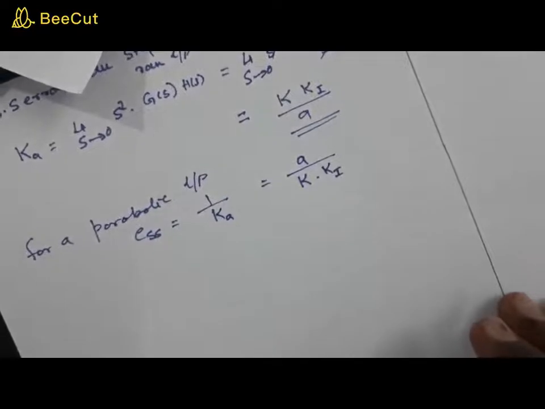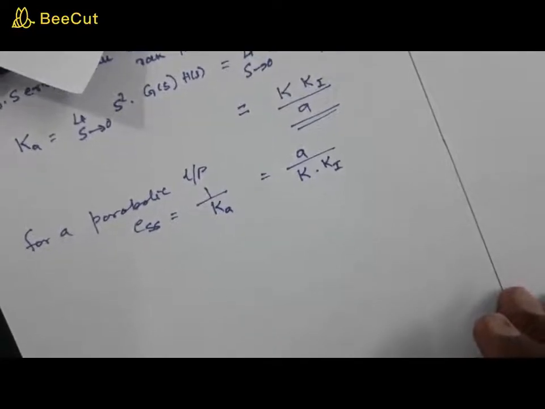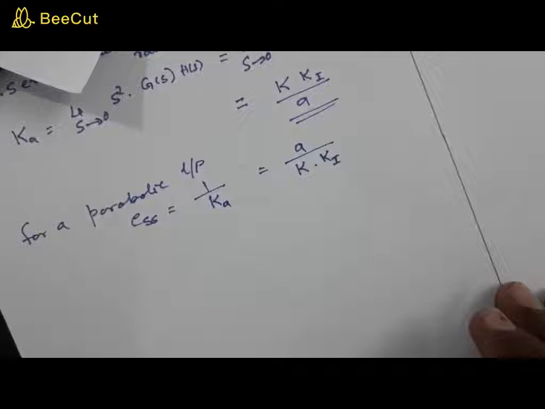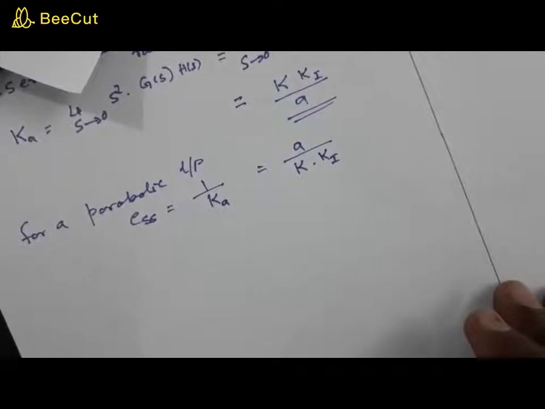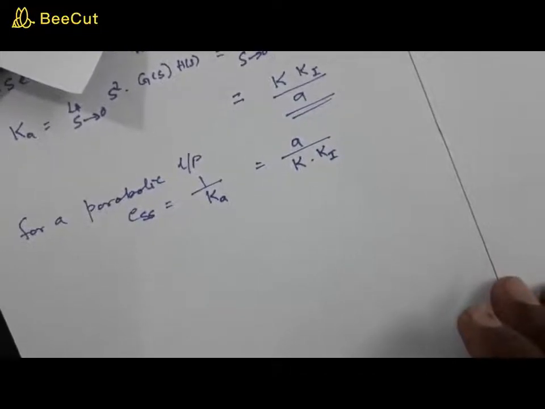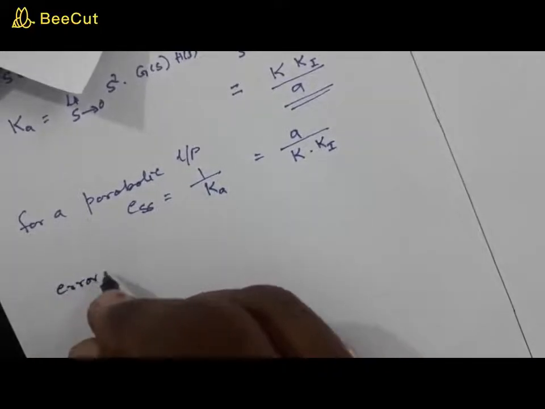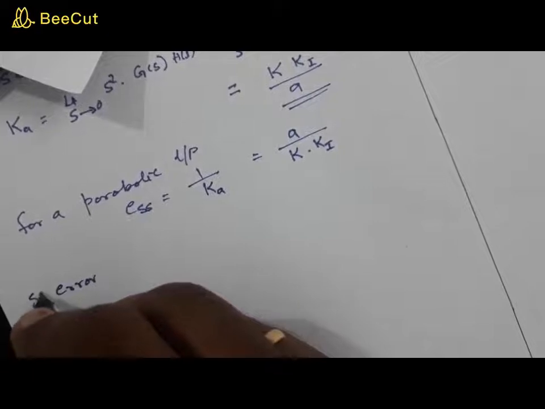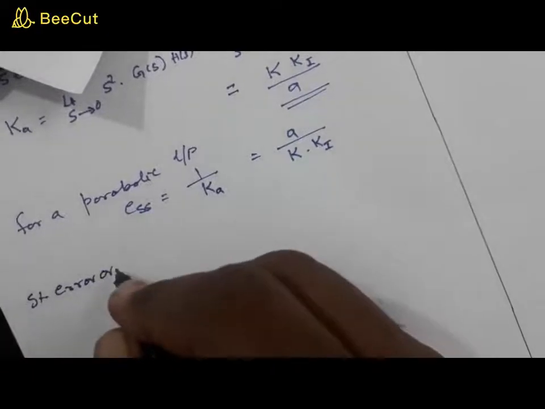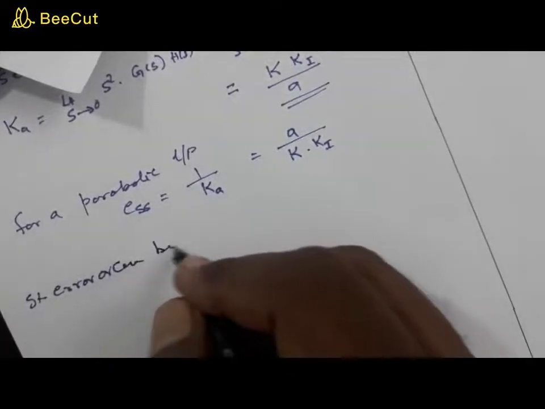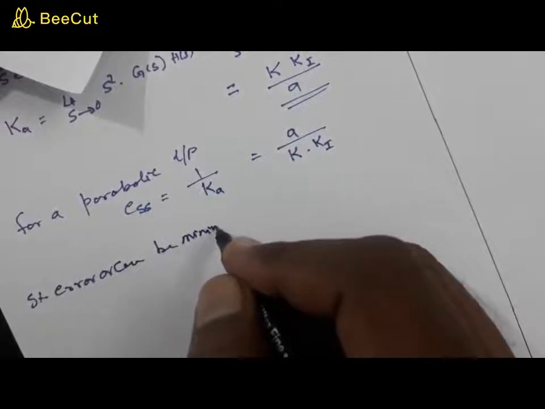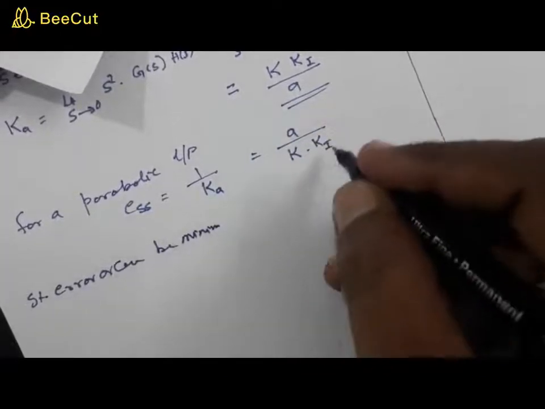Ki refers to the integral gain or reset gain. So we can see that this is actually the steady state error, and it can be minimized by properly choosing this ki.